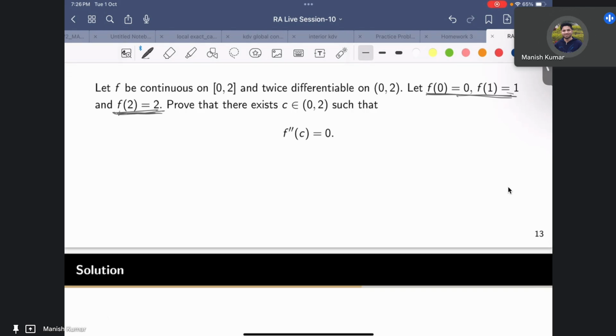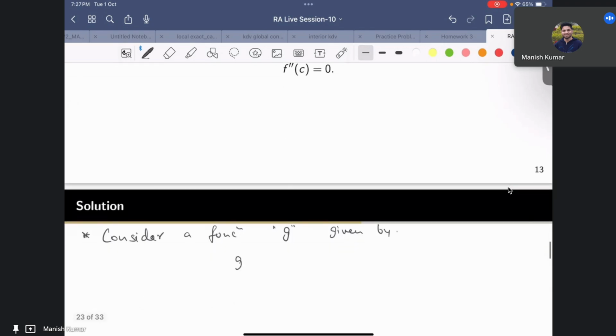So I define my function g, okay, so I am considering a new function. Consider a function g given by g of x is equal to f of x minus x.